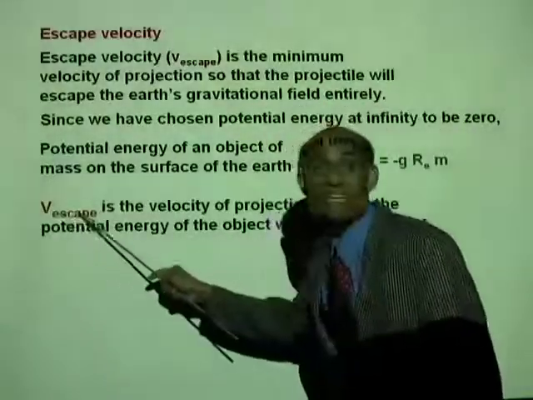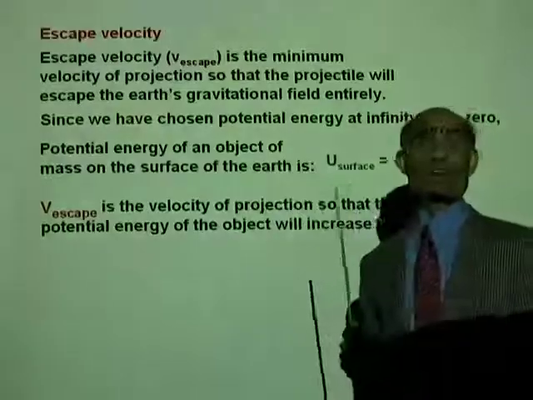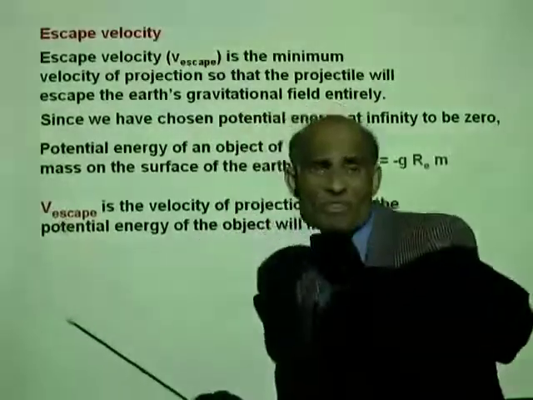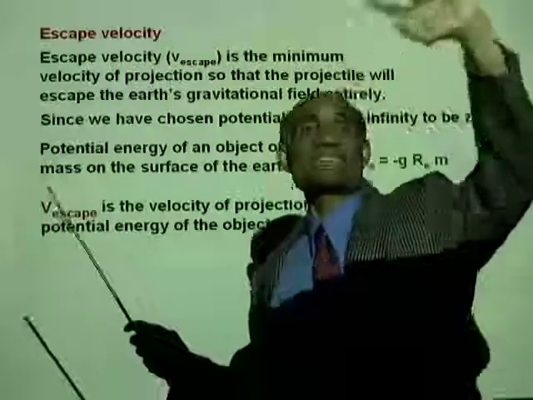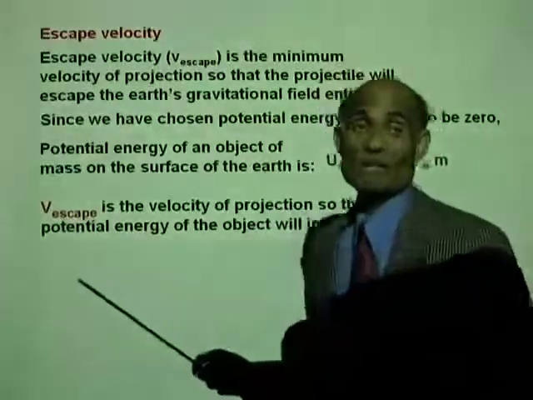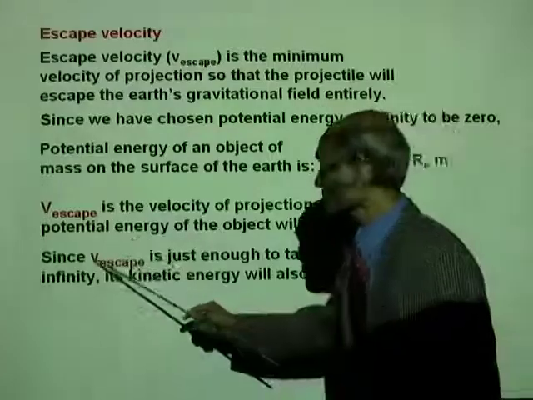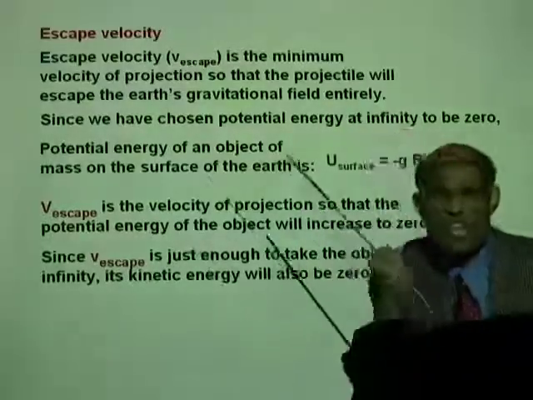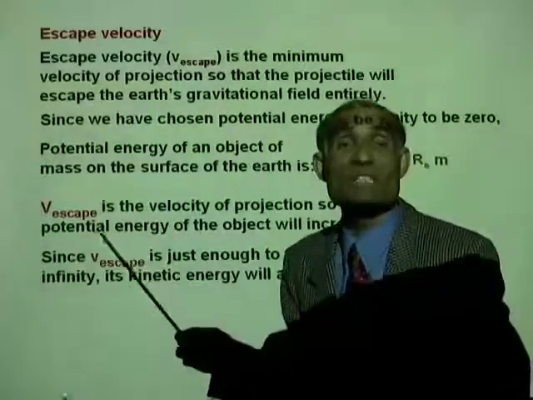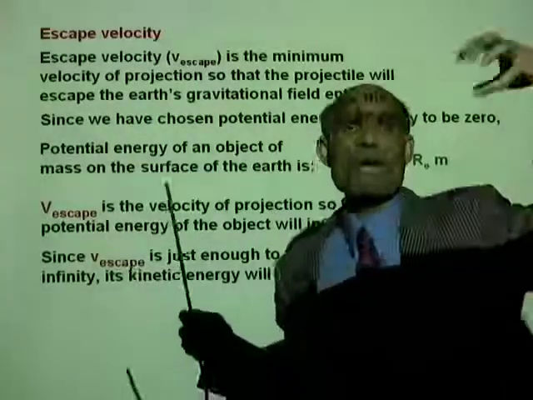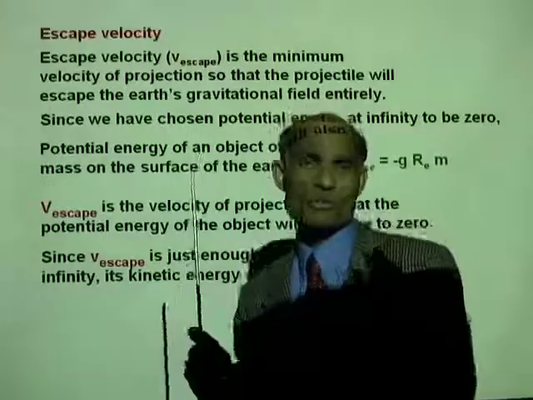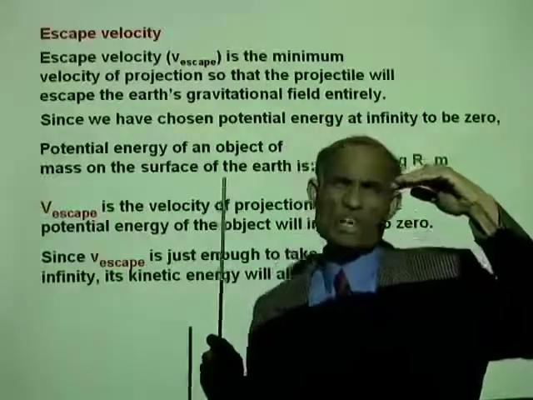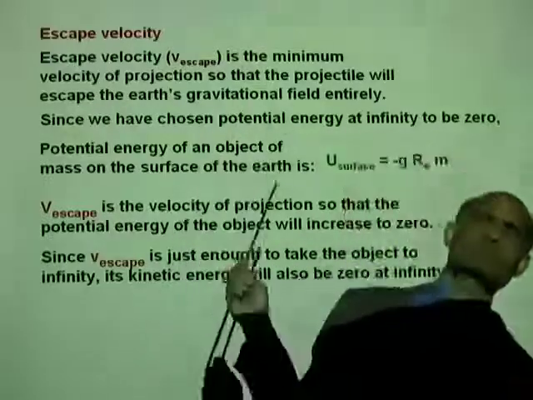Suppose v_escape is the velocity of projection. If you project an object with that velocity so that the object escapes the Earth's gravitational field, then this velocity v_escape is just enough to take the object out of the potential well. So you give the object that velocity, the object just comes out of the well and stops.